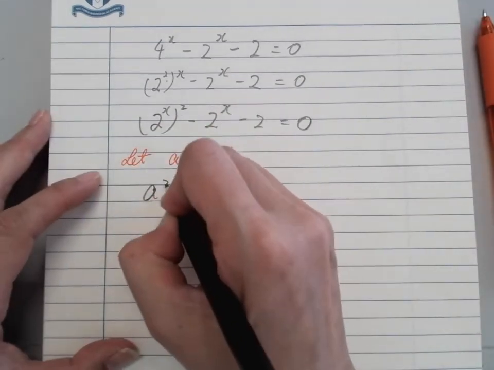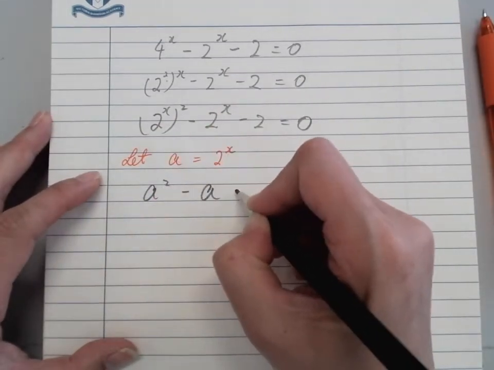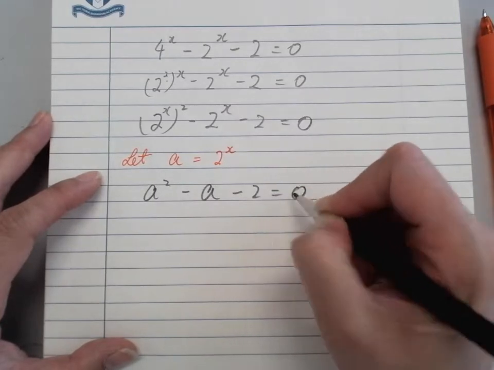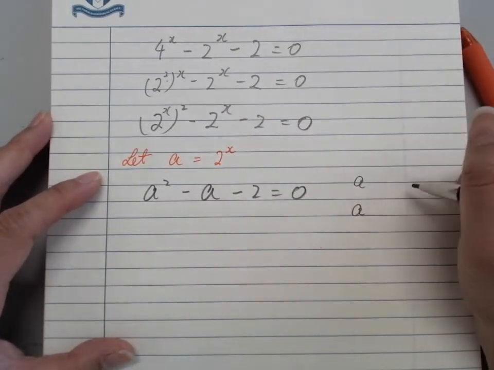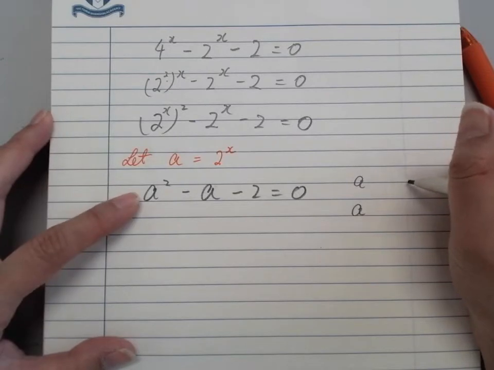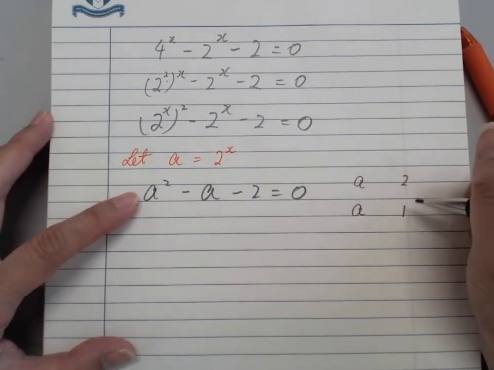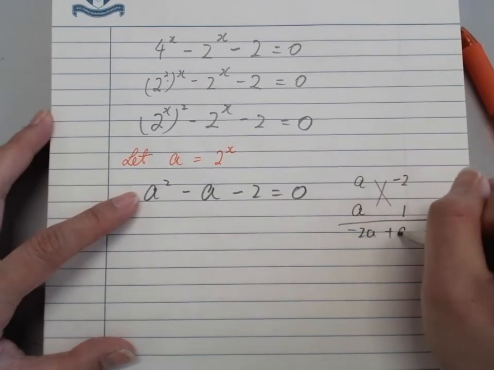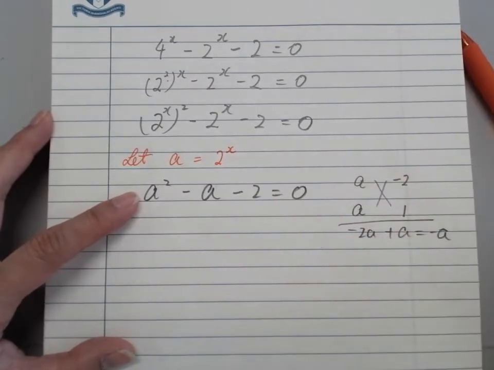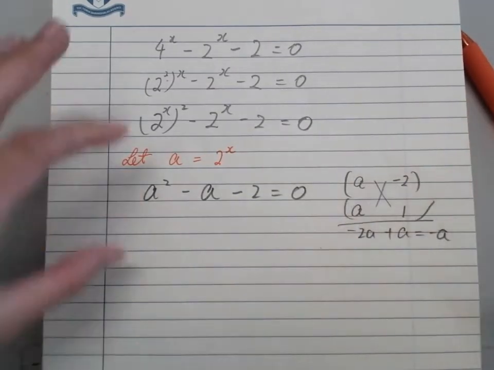And then I have a^2 - a - 2 = 0. Yay! I have a times a equals a squared, 2 times 1 equals 2. I need a negative, bigger number be negative. So -2a + a = -a. Yay! It doesn't get me.